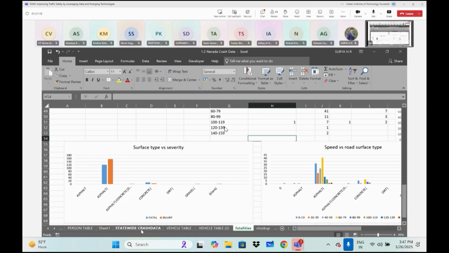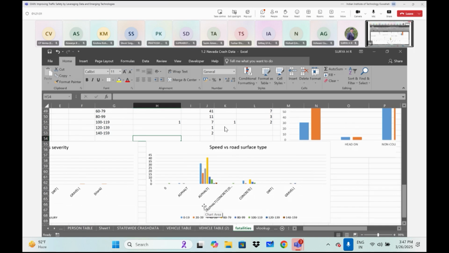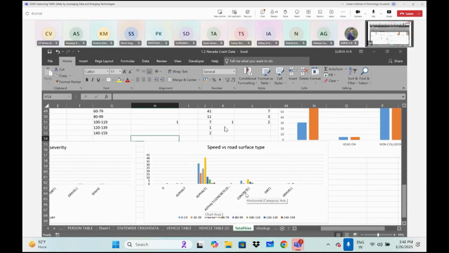So we used VLOOKUP in Excel, linked with the crash number, and checked whether vehicles on concrete roads are really traveling fast or not. Here is the graph.